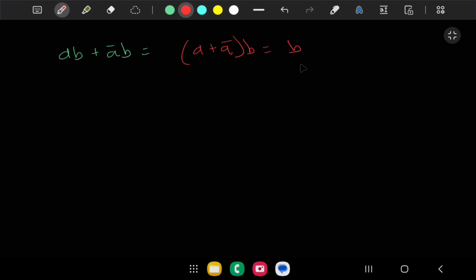You'll get b. So you can simplify. This is again very simple. And a plus a bar is nothing but 1. Next, a plus ab. This is the absorption law. You have already studied it, right? This is a.